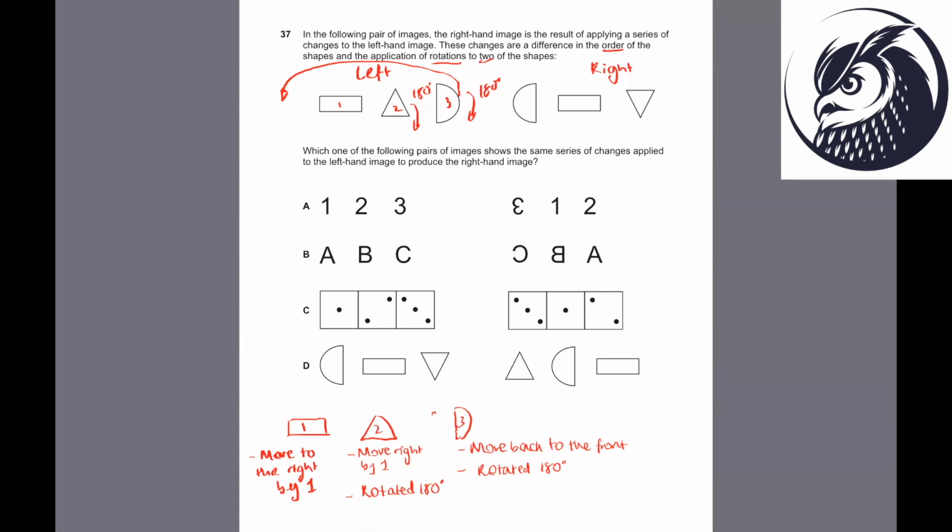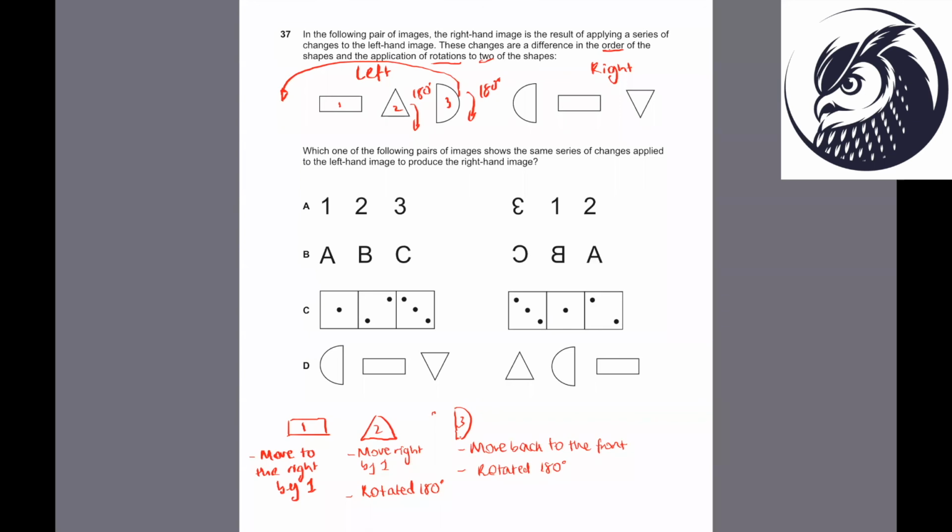So now that you understand what's been changed in the position as well as the rotation of each of these images, we just need to do trial and error and look through the options until we get the answer that satisfies all of this. You can have a look at options A, B, and C, and you'll notice that one of them won't meet the criteria.